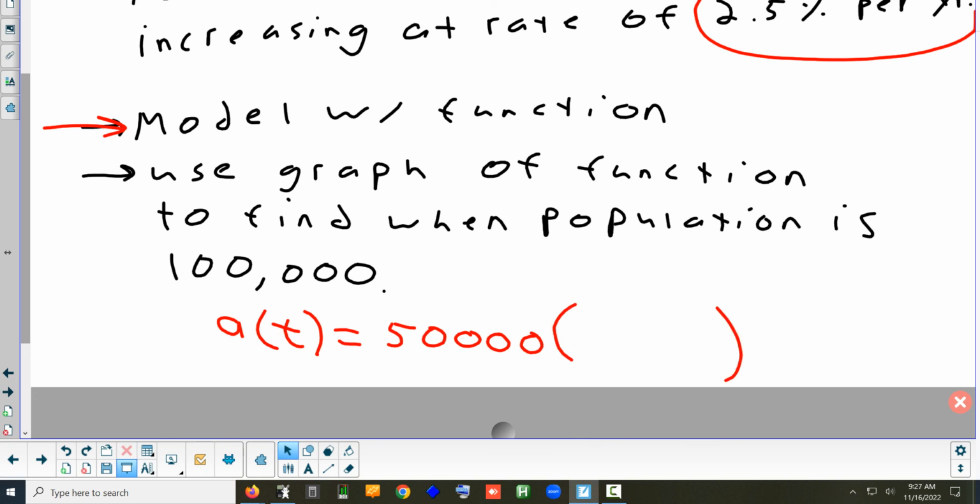Times. And what's going to go inside parentheses? 1 plus 0.025. So we're going to do 1 plus 0.025, because that's my rate as a decimal. So let's just put 1.025. And I need one more thing there to finish that formula.